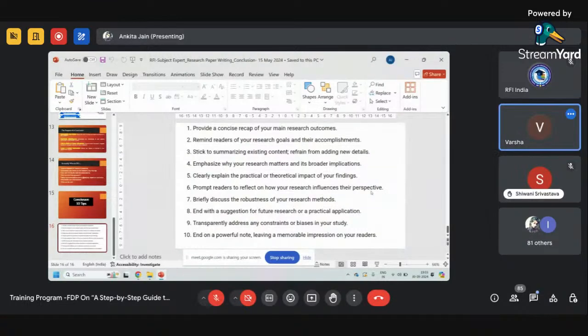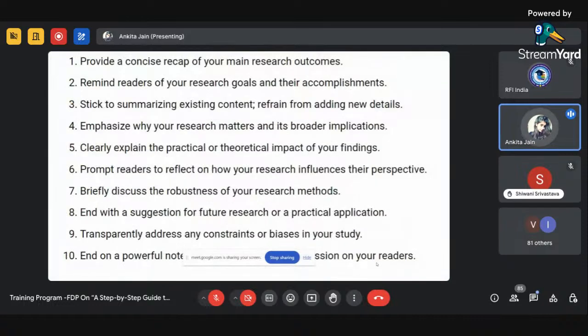So yeah, ultimately, as I was discussing the same thing all over the slides, there was nothing new, but I have written the keywords for what should be there. It should be a concise recap of whatever you have done in outcomes. You have to summarize the content. You should write something so that people can connect your objectives with what you have concluded.